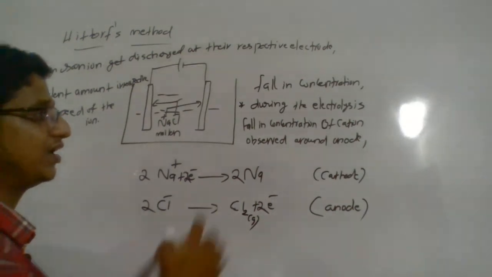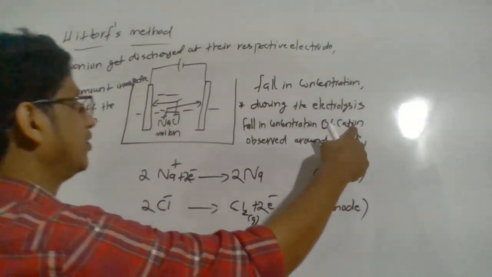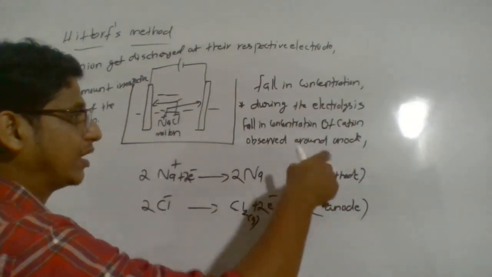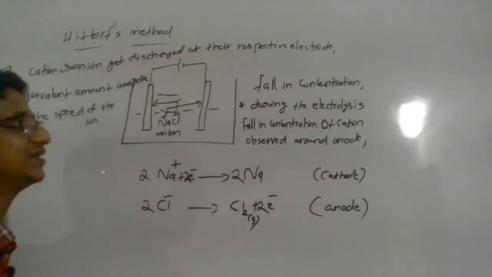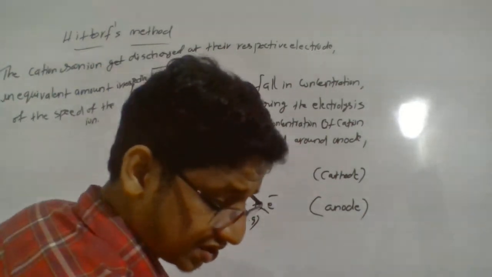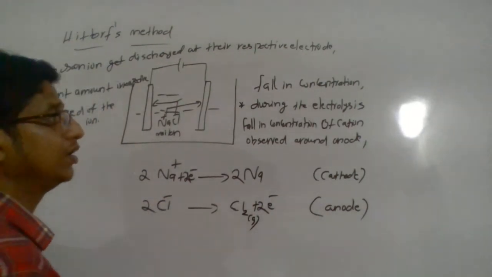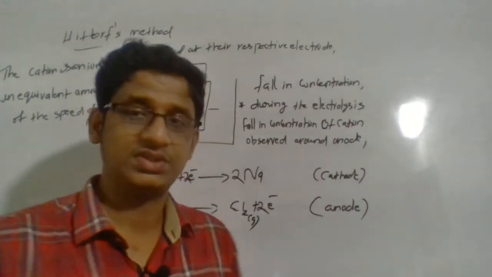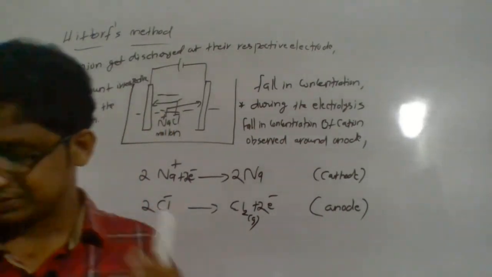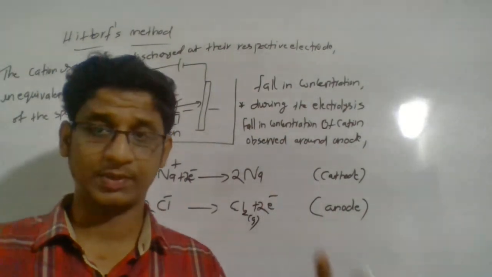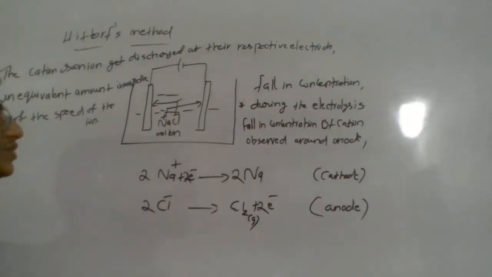Similarly, falling concentration of anion is observed around the cathode as well. So that's another observation. The fall in concentration or decrease in concentration of a particular ion you will observe during the electrolysis. Next point, fall in concentration around the anode will always be proportional to the speed of the ion.